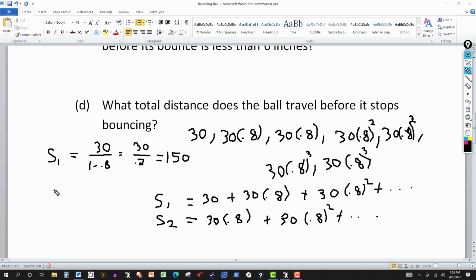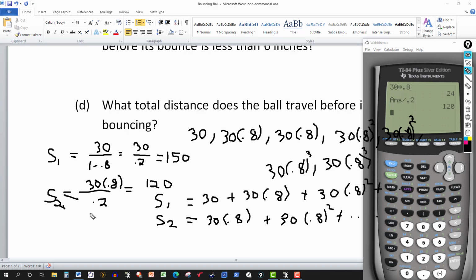So the sum, using the formula we looked at, is equal to the first term, which is 30 times 0.8. The denominator is still going to be the same, because it has the same common ratio of 0.8, so 1 minus 0.8 is 0.2. So we add those up.